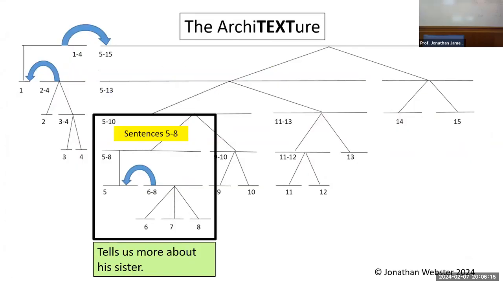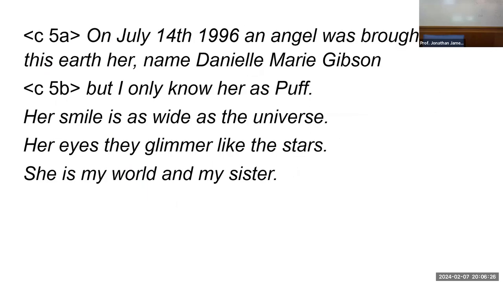Sentences 5 through 8. Now again, this is part of the kind of analysis. You're assembling it, all right? First of all, it's going through the clauses, identifying what are the clauses. So on July 14th, 1996, an angel was brought to this earth, her name, Danielle Marie Gibson. One clause. But I only know her as Puff, okay?